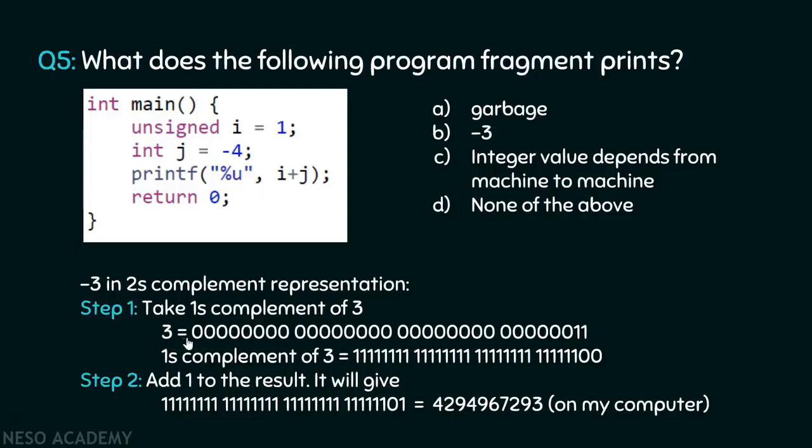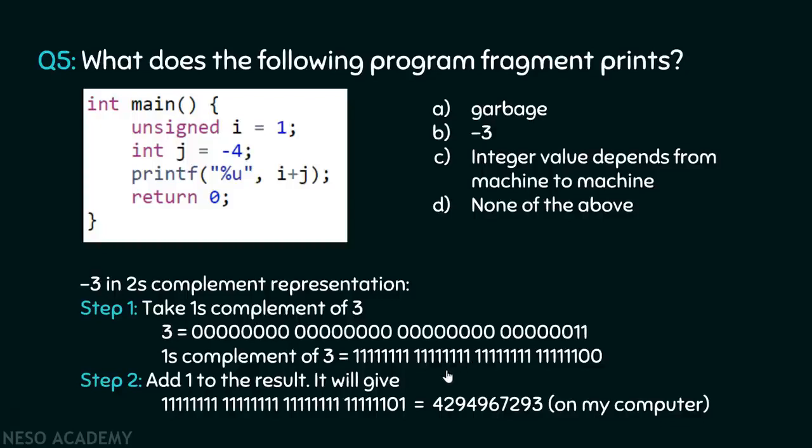This is the binary representation of 3, where this bit is set to 1 and this is also set to 1, which is 2 raised to power 1 plus 2 raised to power 0, that is equal to 3. Then we perform the 1's complement of 3, which is nothing but changing the 0s to 1s and 1s to 0s. Here I changed all the 0s to 1s and 1s to 0s, and this gives me the 1's complement of 3.